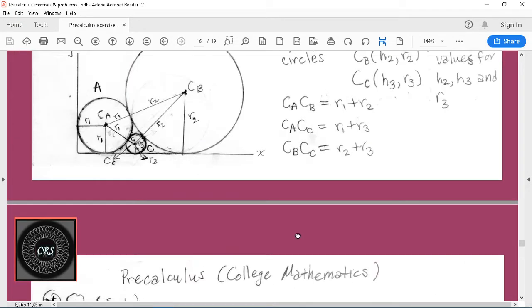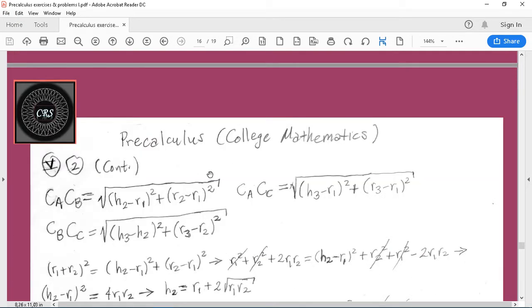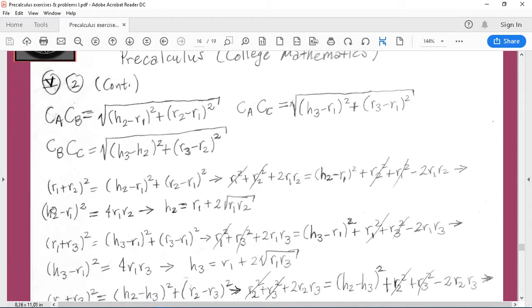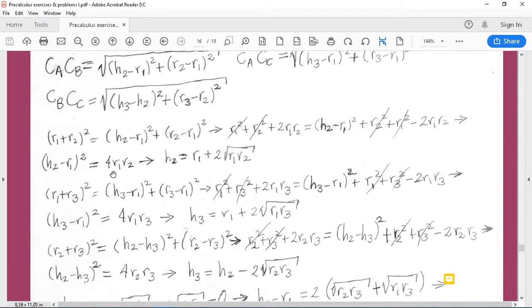So equating R1 plus R2 with the square root of the square of H2 minus R1 plus the square of R2 minus R1, and squaring both, we have that R1 plus R2 squared equals H2 minus R1 squared plus the square of R2 minus R1.